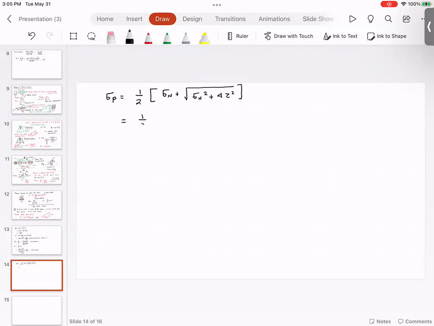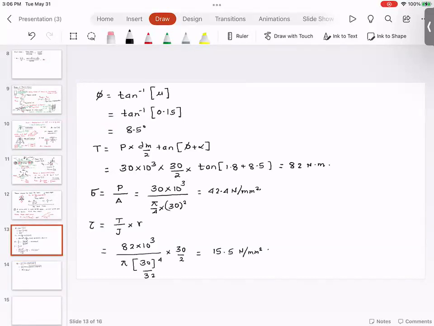So 1/2 of 42.4 plus square root of 42.4 square plus 4 times 15.5 square. That gives me 47.5 Newton per millimeter square.